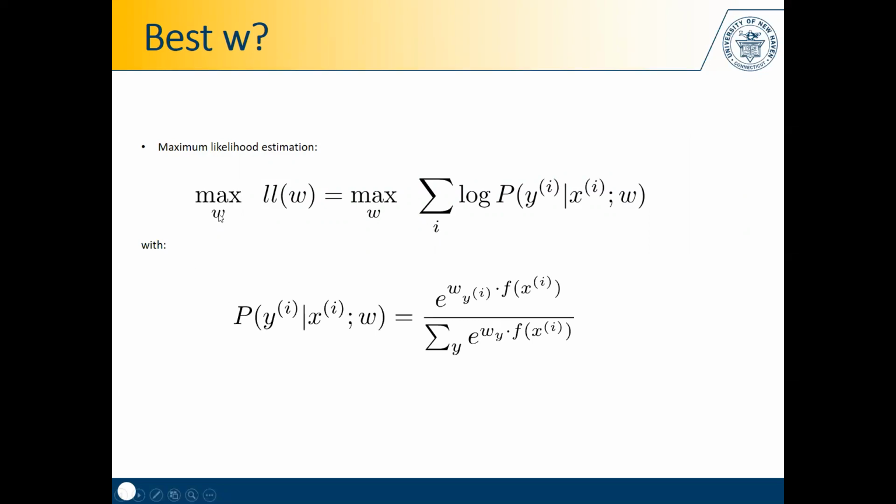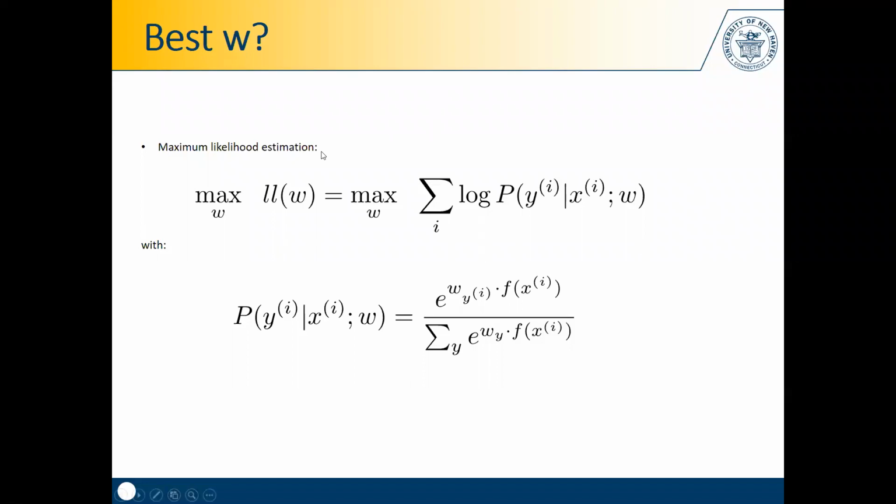Okay, so again, we want to apply maximum likelihood to come up with W's that maximize the likelihood of the correct class, right? So this is the classical maximum likelihood formulation that we saw last week when we were talking about estimating the parameters of a naive Bayes model.